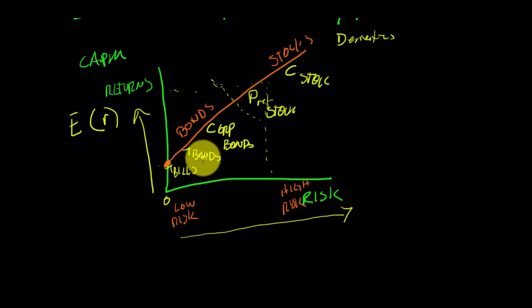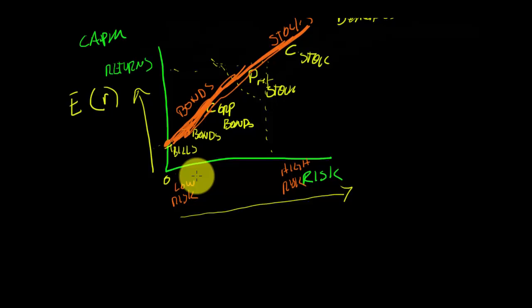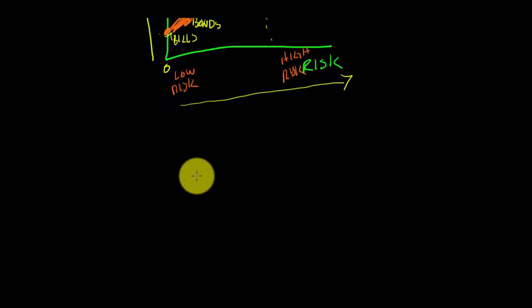What's important here is that this orange line not only exists, but we walk up and down this risk line depending on what we think we should be investing in. All right, so the first question is, how do we measure returns?